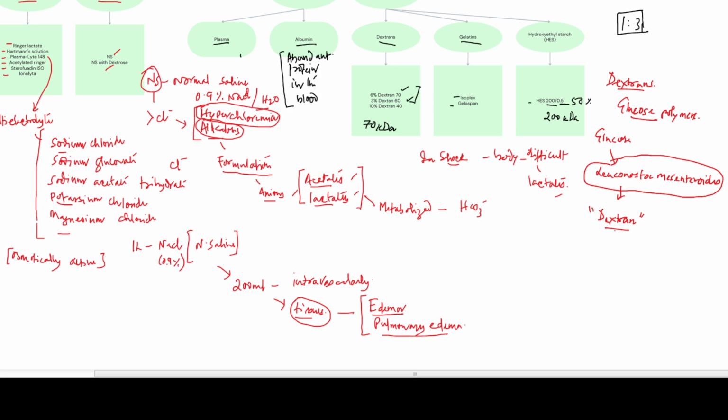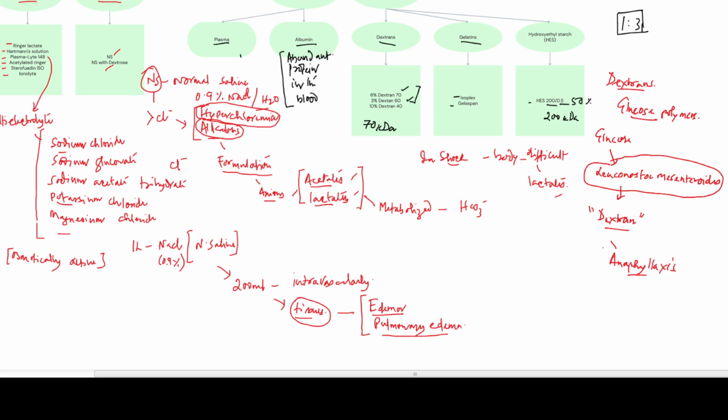So foreign proteins would be present in dextran. So if foreign proteins are present, what could be the adverse effect? Yes, anaphylaxis. So that is one of the adverse effects of dextran.